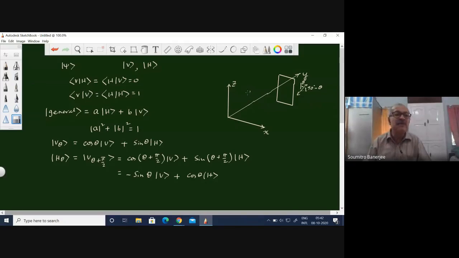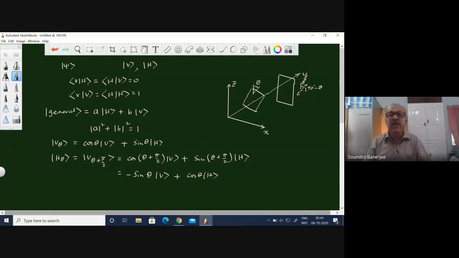What I mean to say is, now we are considering a polarizer that is oriented at an angle, and the angle with the vertical direction is theta.